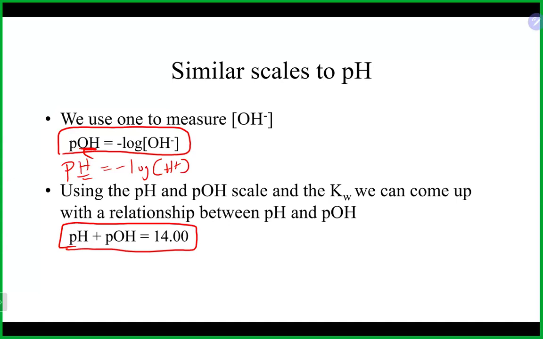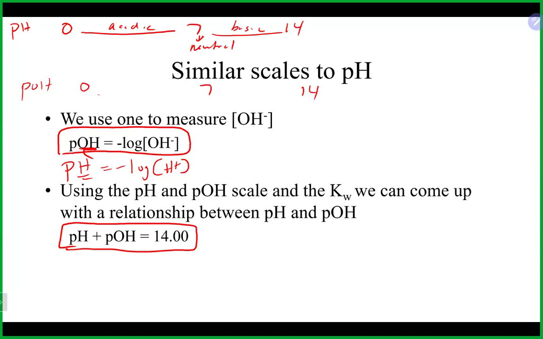Now, it's really important to understand as well that the pOH scale is opposite of the pH scale. So the pH scale, as we just talked about, is 0 to 7 to 14. And once again here, less than 7 is acidic, above 7 is basic, and 7 obviously is neutral. Now, if you look at the pOH scale, it also runs from 0 to 7 to 14, but it is different.